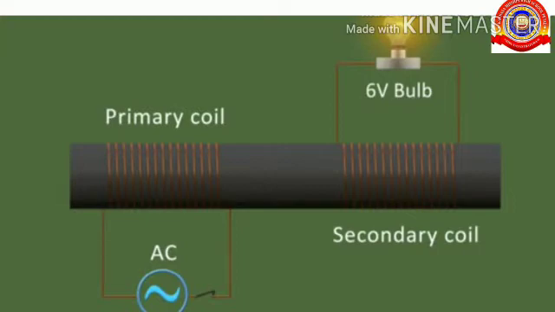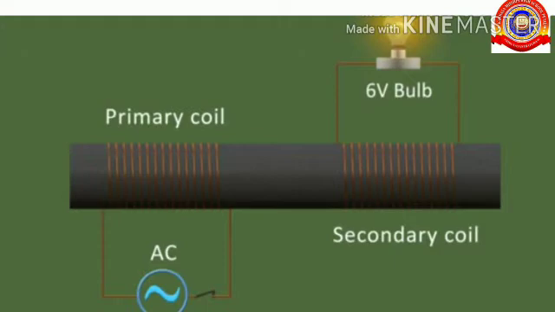If AC is given to the primary coil instead of DC, EMF will be continuously induced in the secondary coil. When an AC passes through the primary, a varying magnetic field is formed in and around the soft iron core. The secondary is situated in this varying magnetic field. This situation is similar to the moving of a magnet inside the secondary coil.